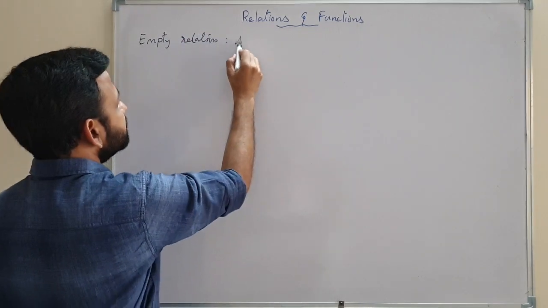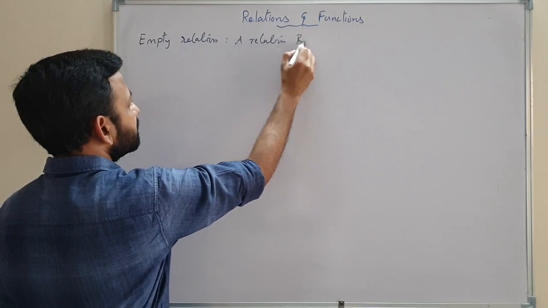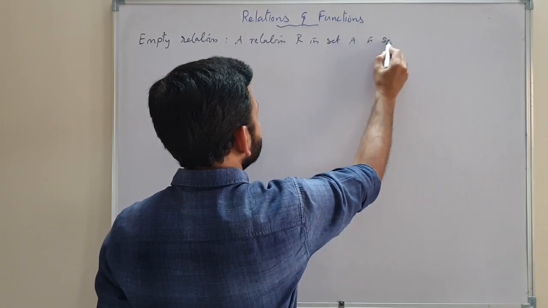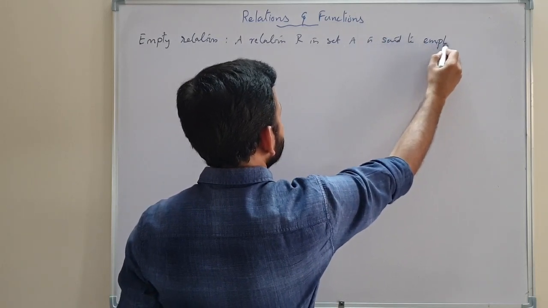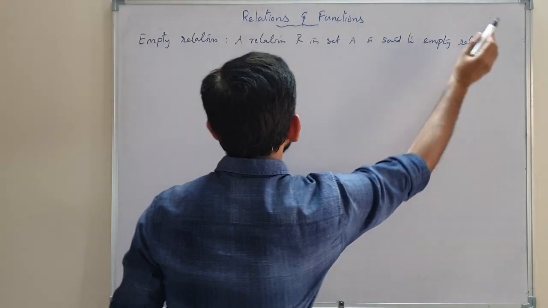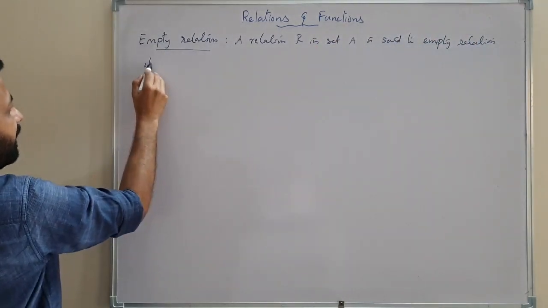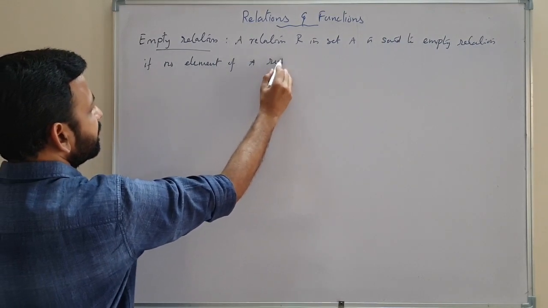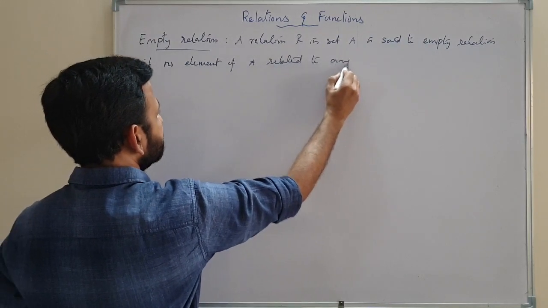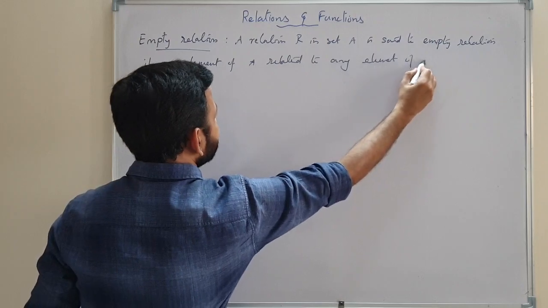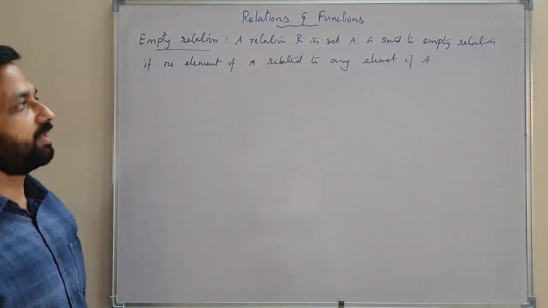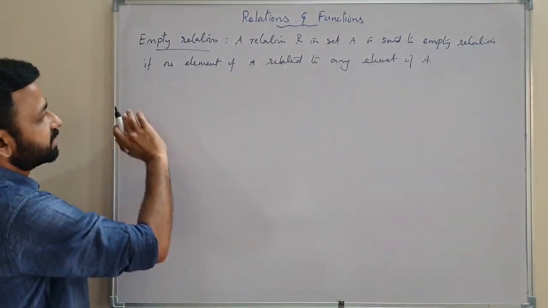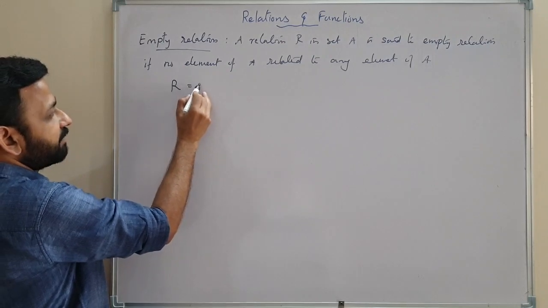A relation R in set A is said to be an empty relation if no element of A is related to any element of A. That means there is no relationship between any elements of that set A. So we will not have any element in that relation.